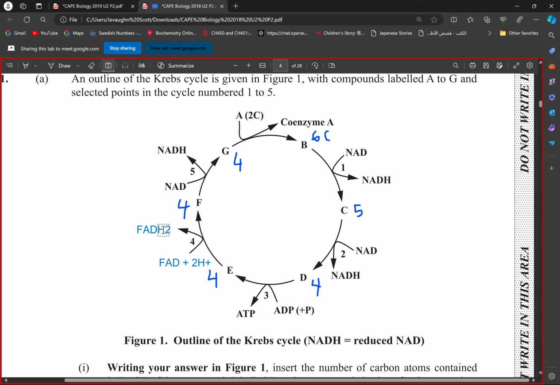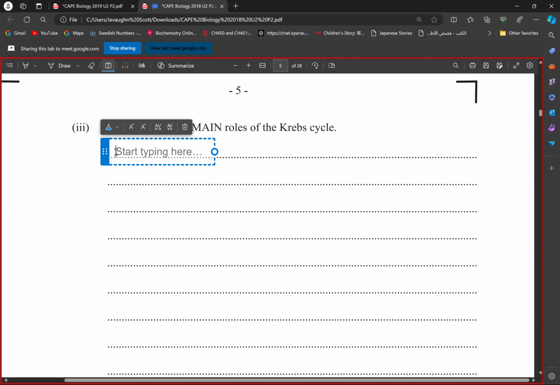What are the two main roles of the Krebs cycle? So, energy production.